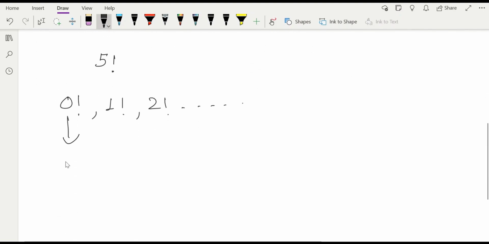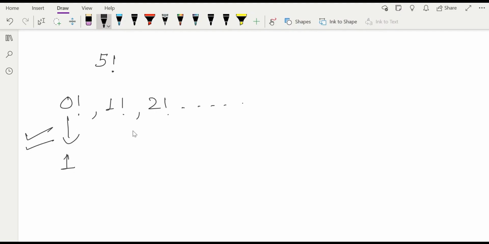So according to the definition, the factorial of 0 is defined as 1. This is the defined value that you have to remember. If someone asks you what the value of 0 factorial is, you simply answer 0 factorial is 1.